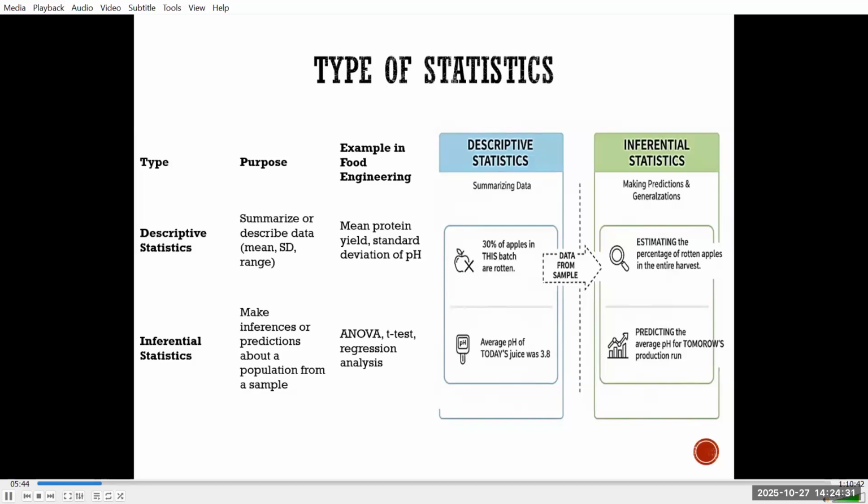Inferential statistics are used to make predictions and draw conclusions about a larger population from the sample data. For example, if we measure the protein yield of 10 different samples and want to conclude something about the whole process, that is called inferential statistics.